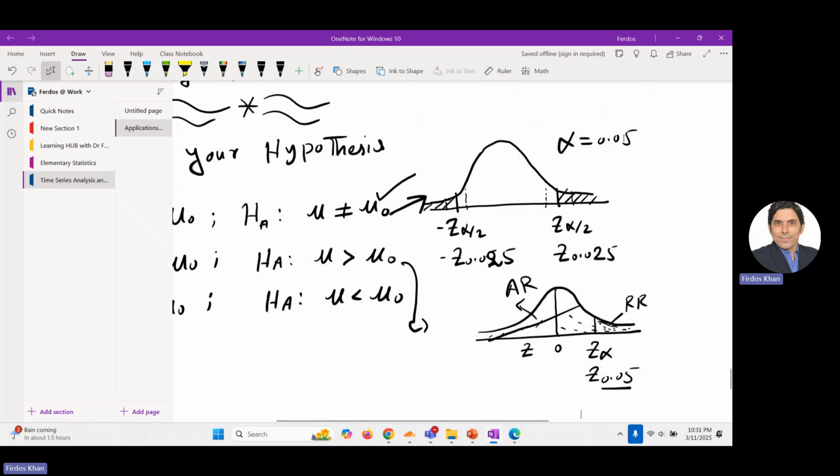Suppose alpha is equal to 0.05, then there are two points. We need to calculate the value of the test statistic z at this probability, divided by 2 because we have two-sided tests, so alpha by 2: Z 0.025 and Z 0.025. One has the minus sign and the other the positive sign.